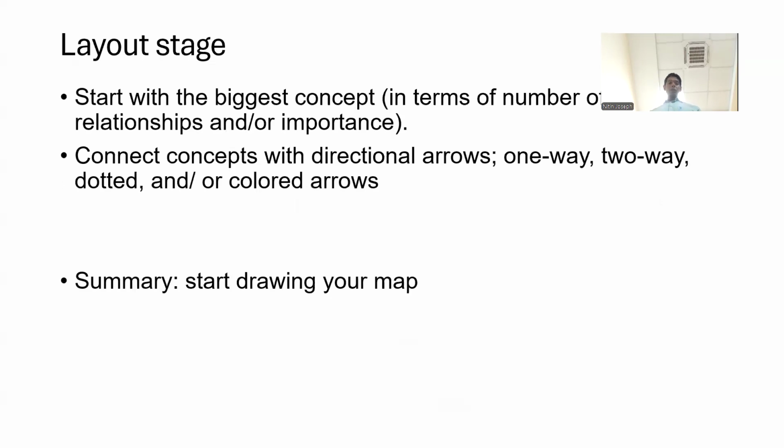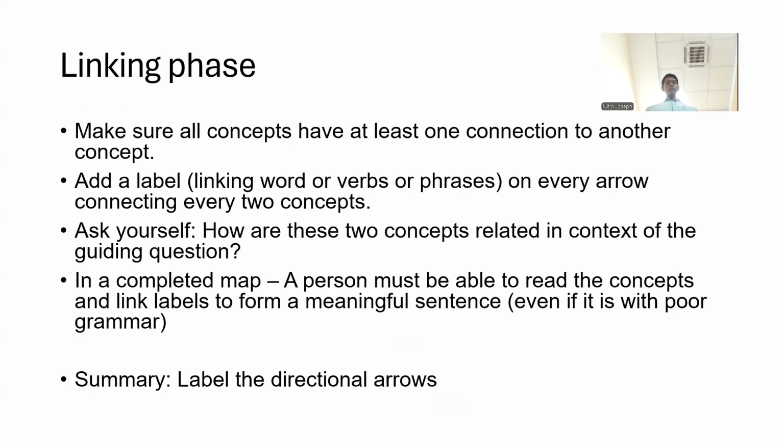Now, with this background work, under the layout stage, we actually start drawing a concept map. While drawing the concept map, first and foremost, we place the focus question and we place the other concepts within their nodes, and we start connecting the concepts using the links.